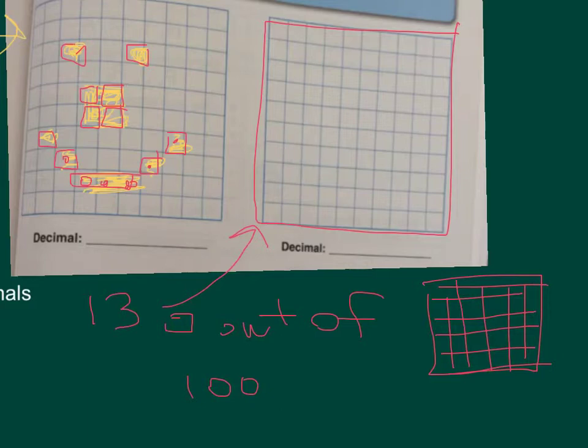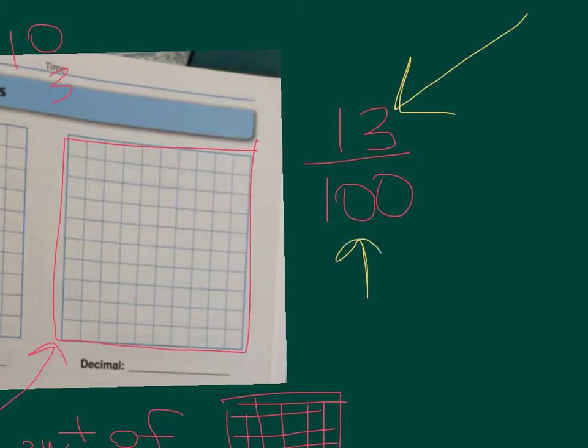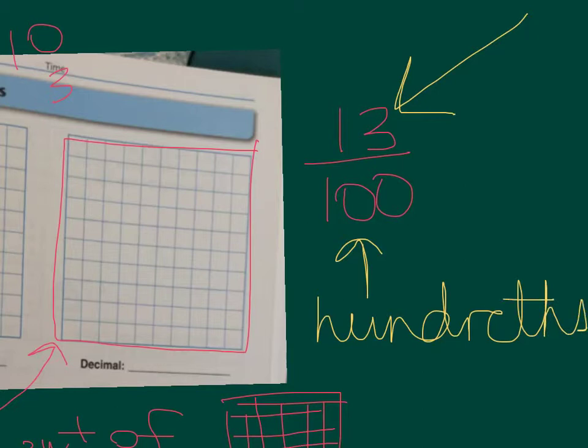That can be written as 13 out of 100. Or it could be written as a decimal. We would read it as 13 hundredths. 13 hundredths with the TH. Okay?